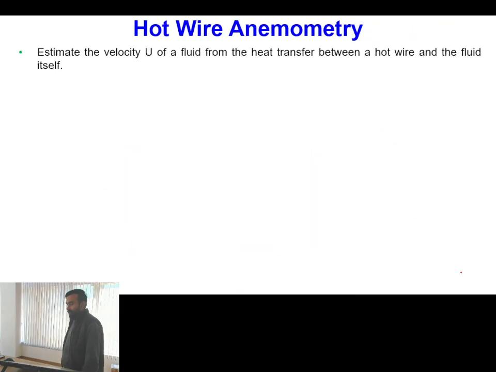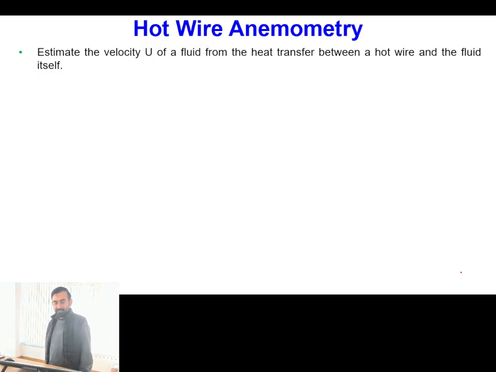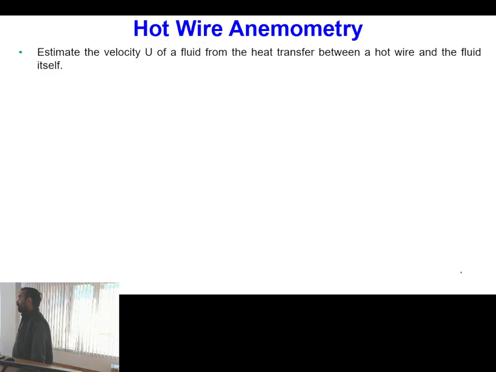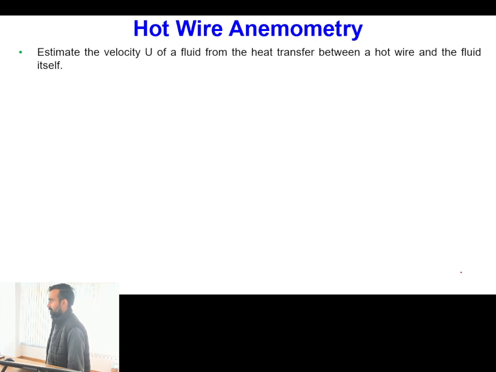Now let's talk about the next technique, which is called hot wire anemometry. Okay, so hot wire anemometry is a very popular technique, particularly for measurement of the fluctuating component of velocity in turbulent flows. If you talk about single phase turbulent flow, then many people use hot wire anemometer for measurement of the fluctuating component in the turbulent fluid.